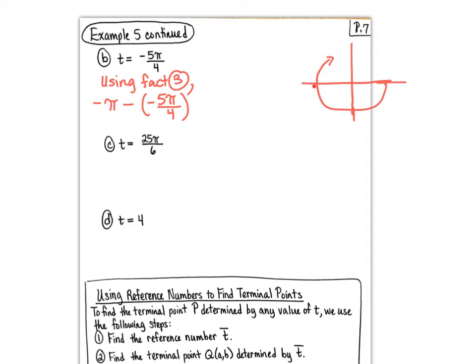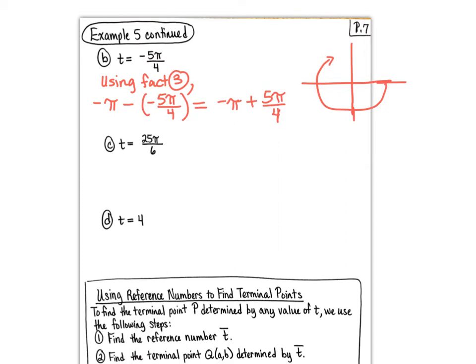And what that is going to do, that's going to give us the reference angle in quadrant 1 that would allow us to have t. So, negative pi minus a negative gives us what? Positive. So this is the same thing as negative pi plus 5 pi over 4.